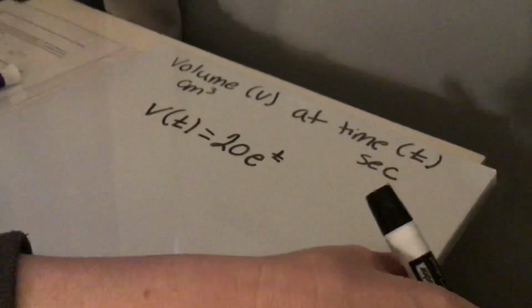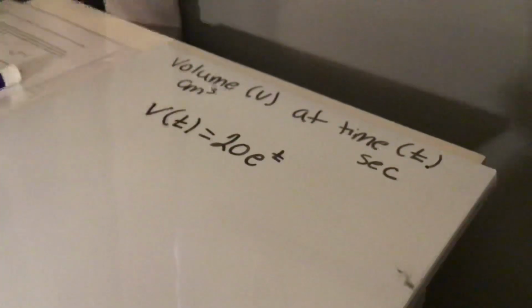So t is the time in seconds, and v is the volume in cubic centimeters, and we find it by this equation. We want to find the rate of change of the volume when t is 3 seconds.